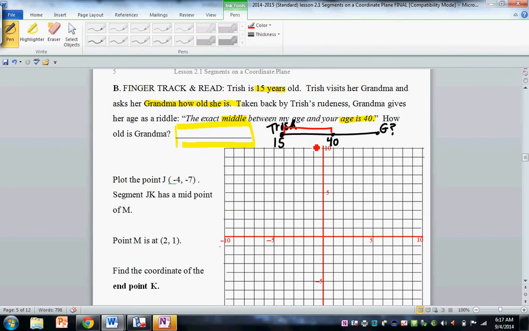So this is 25. That means from here to here has to also be 25. Therefore, Grandma is 65 years old.